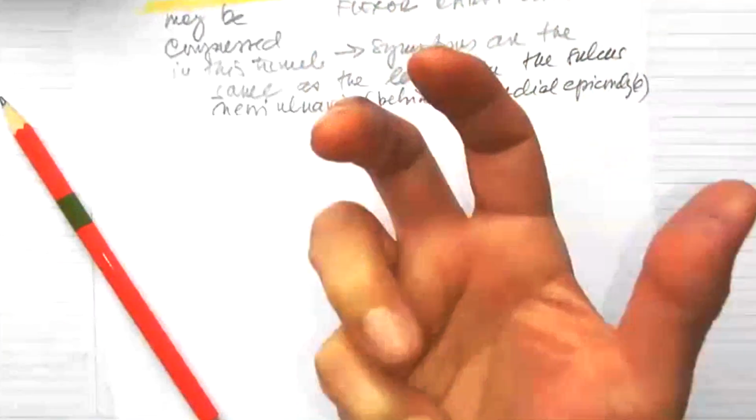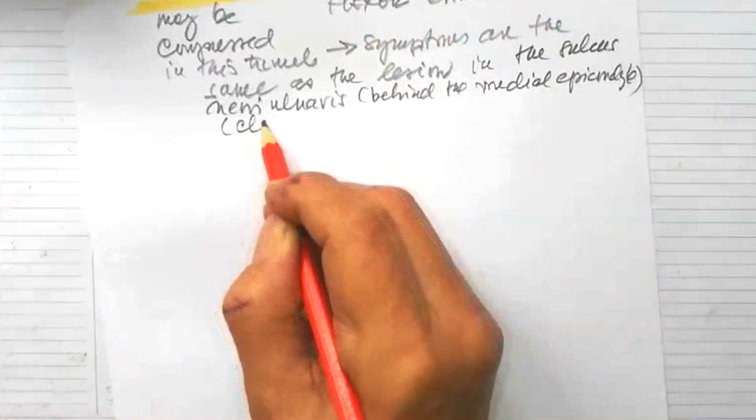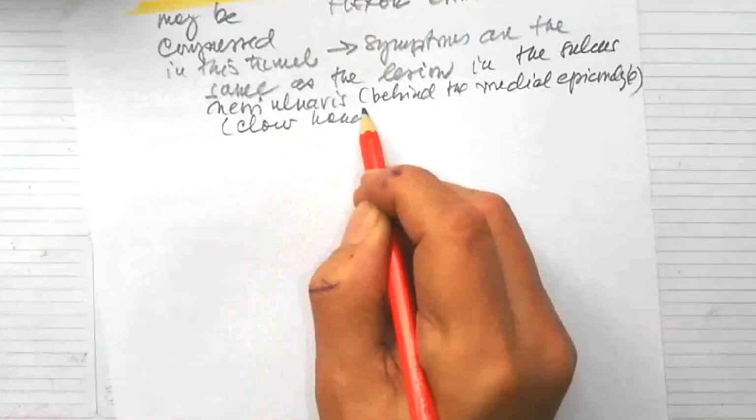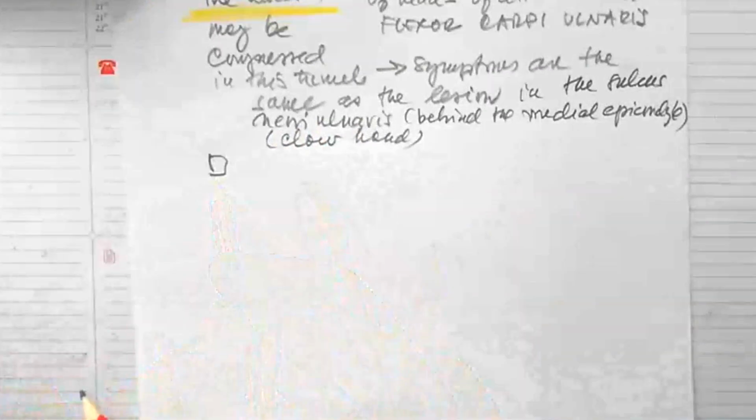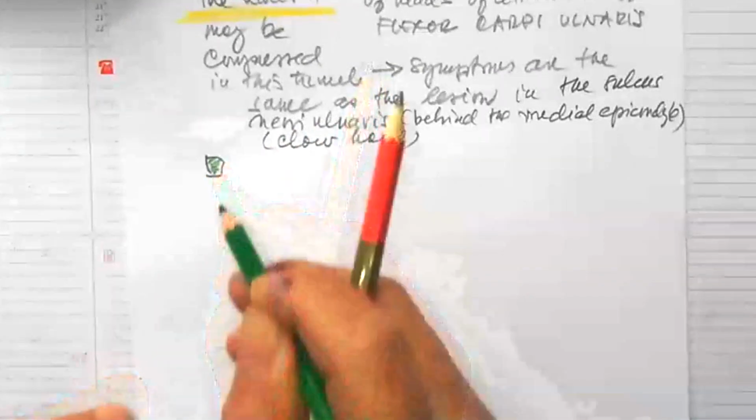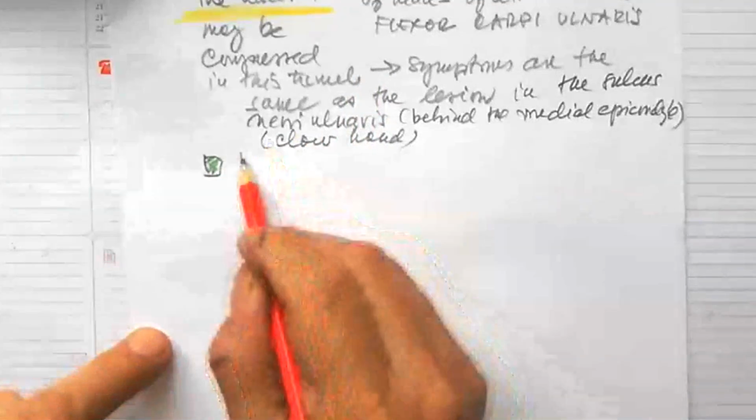So the hand is like a claw, right? You see, it has like a claw. That's why we call it claw hand.